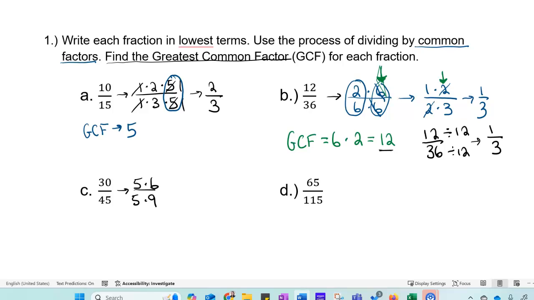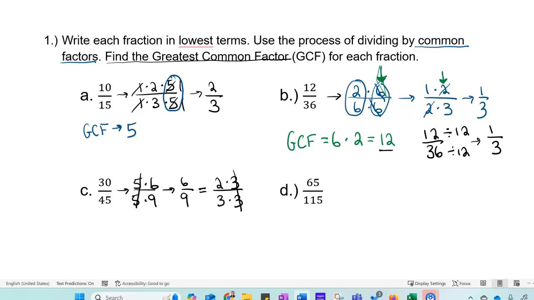Okay, so the 5's go away, and I'm left with 6/9. Now, something else goes into those, right? That is common. So this can become 2 times 3 and 3 times 3.